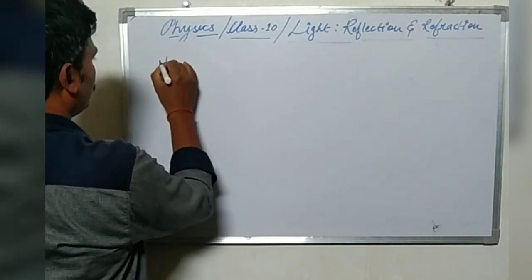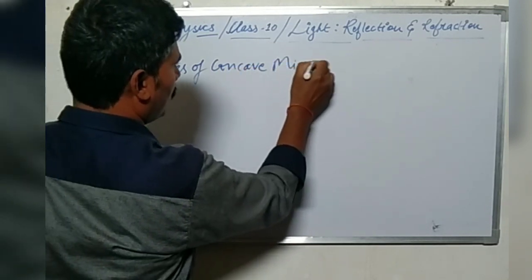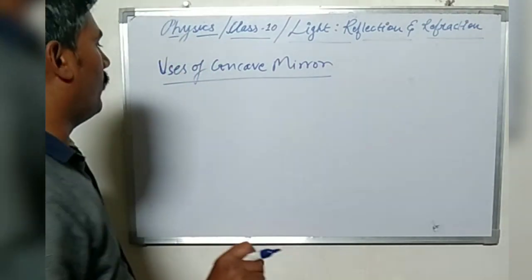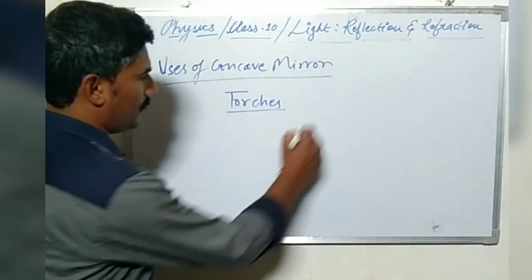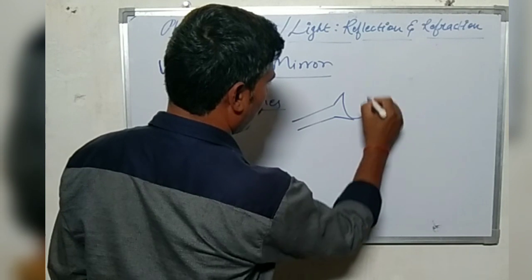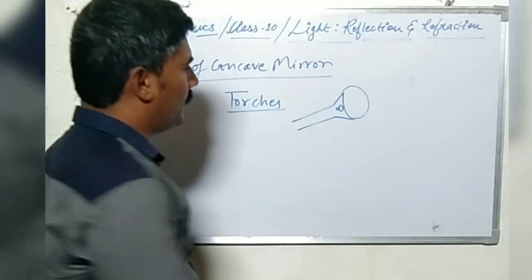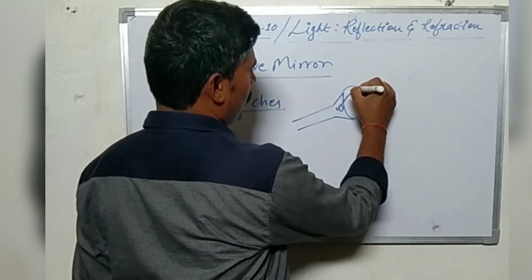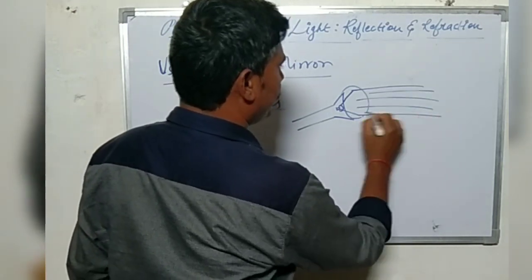So uses of concave mirror. Where do we use concave mirrors? Most commonly we use them in torches. You must have seen in a torch, like this, a small bulb is fitted here. The rays coming from this source strike here and become parallel like this.